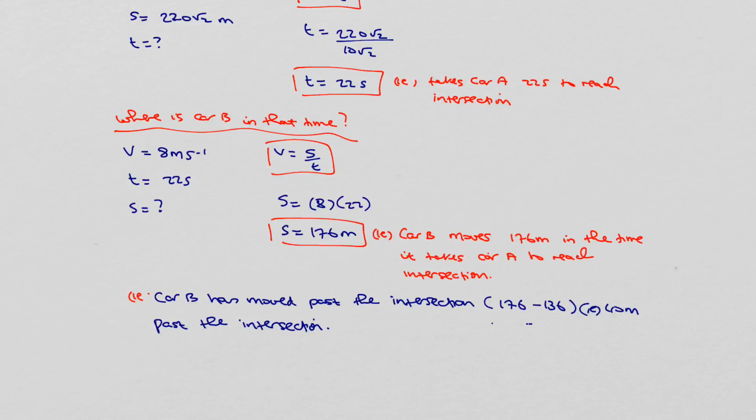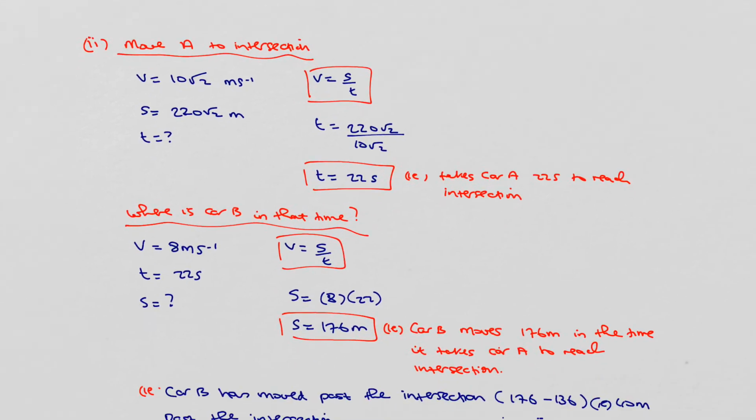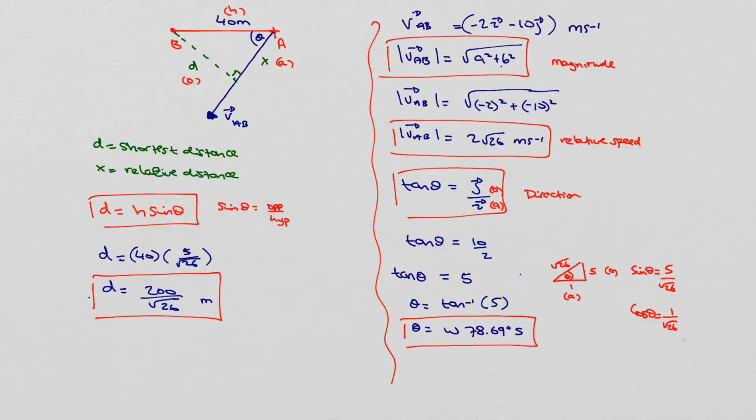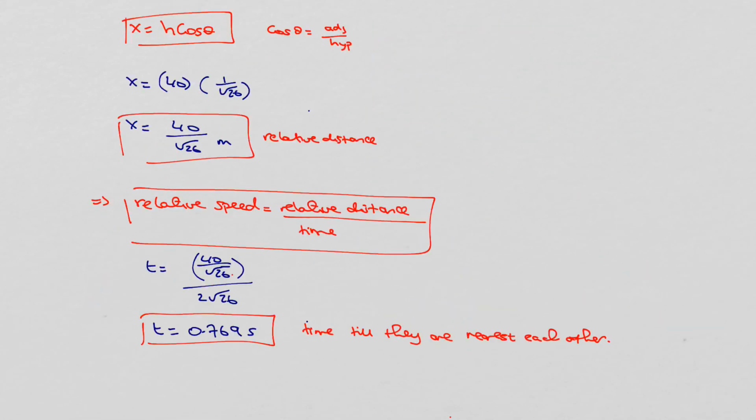So we had to work out 7.84. For getting AX, our relative displacement, we had 5 marks. For getting the time until they were nearest each other, we had 5 marks.